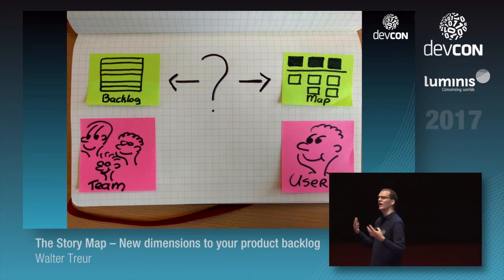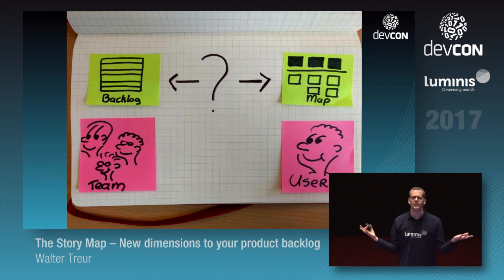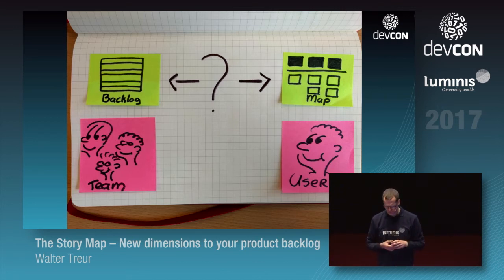Is it something that your end user is going to see? Start putting it on your user story map first, and then move it to your product backlog in perhaps smaller tasks, smaller stories, smaller whatever item you're going to call it.